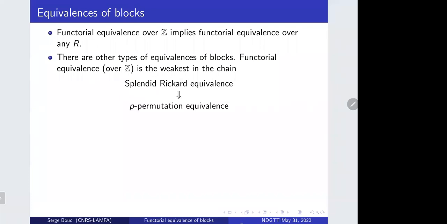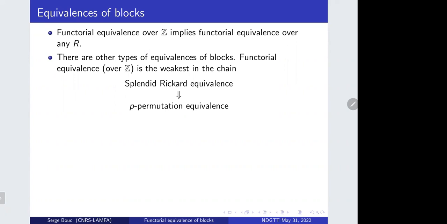Now we have another notion, which is p-permutation equivalence, which was first introduced by Boltje and Xu in 2008, and later developed by Boltje and Perepelitsky. There is a preprint, I don't know if it's yet published, in 2020 about these.